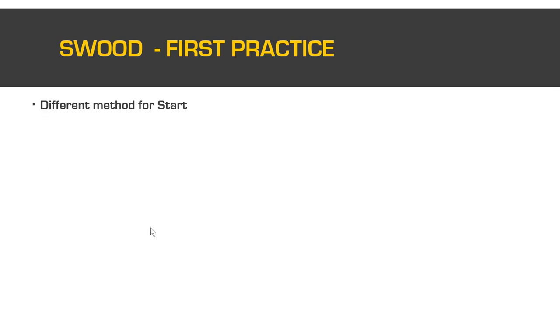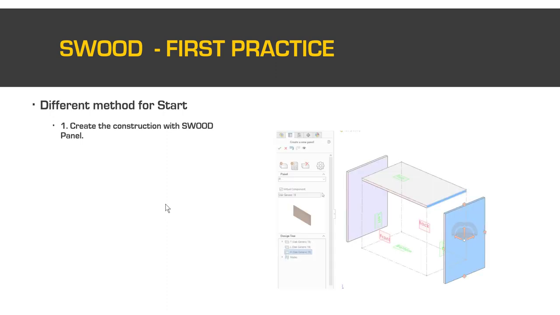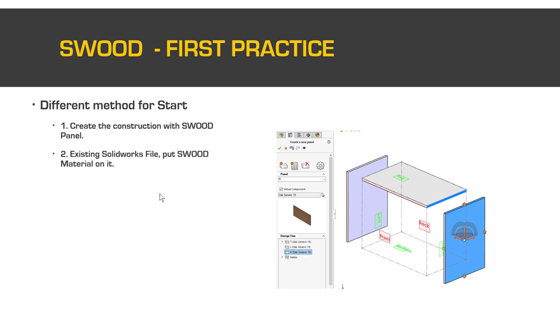Well, now let us talk about the different methods to start. At first, for a new project, you can directly create the construction of the furniture with the SWOOD panel function. It means you can directly create the construction, just use create a new panel, and here you will automatically get the global construction.